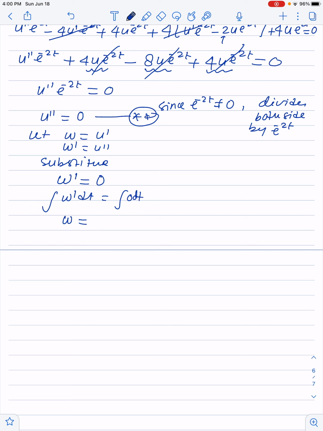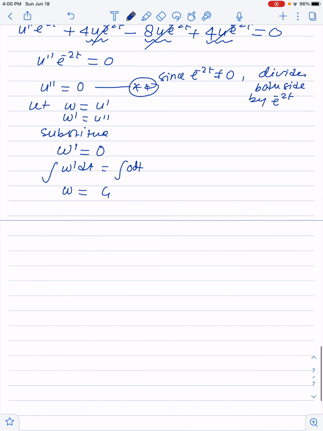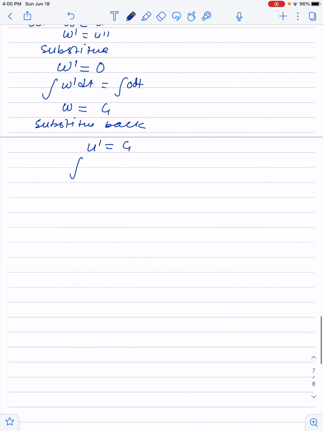We'll get w equals c1. All right, and then substitute back. W is u prime, so u prime equals c1, and then again integrate with respect to t. So we'll get u equals c1 t plus c2, another constant of integration.